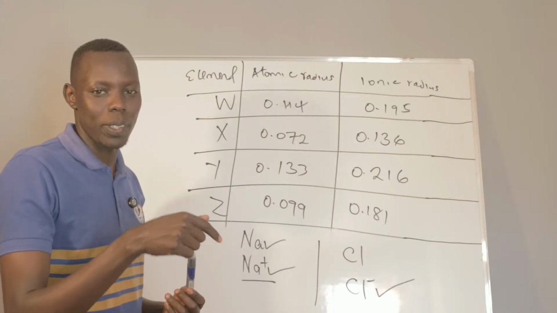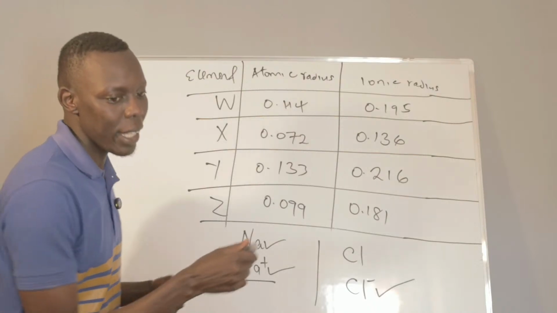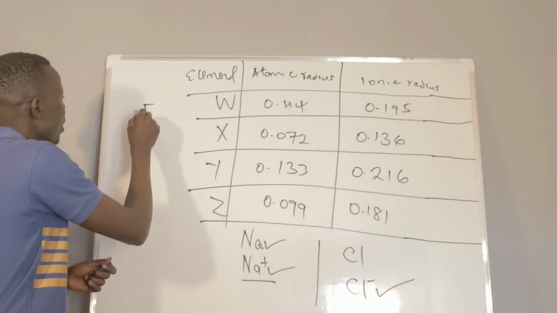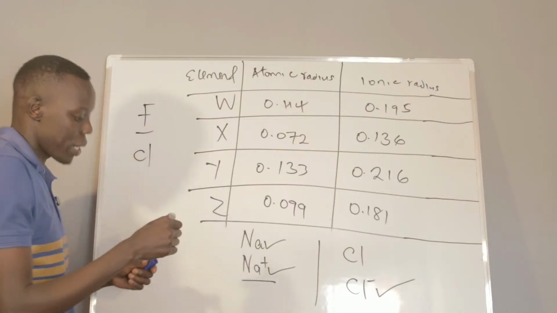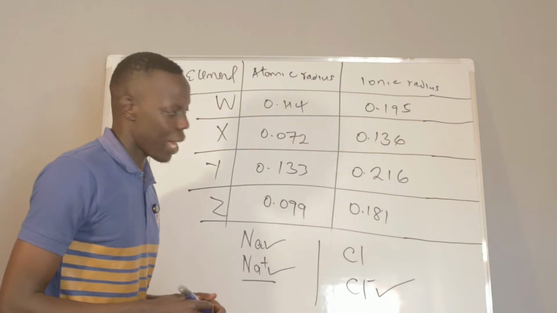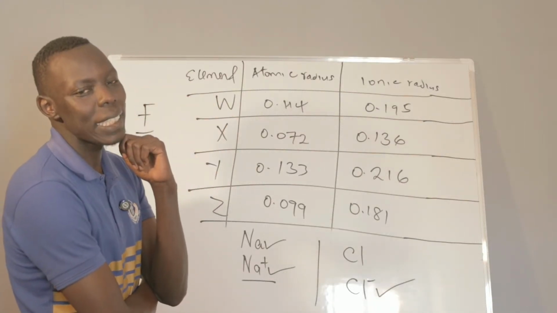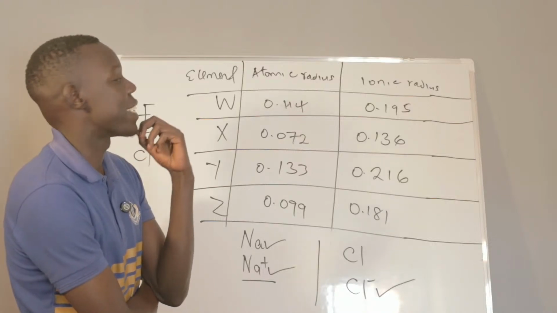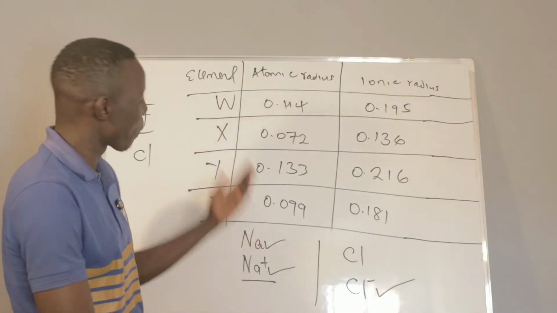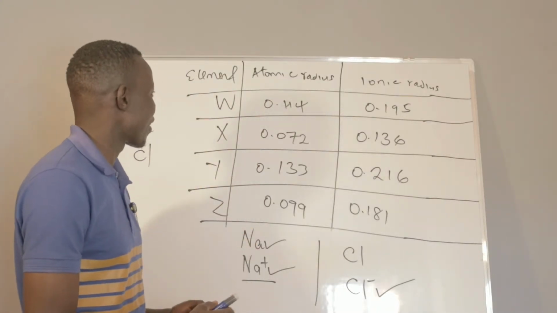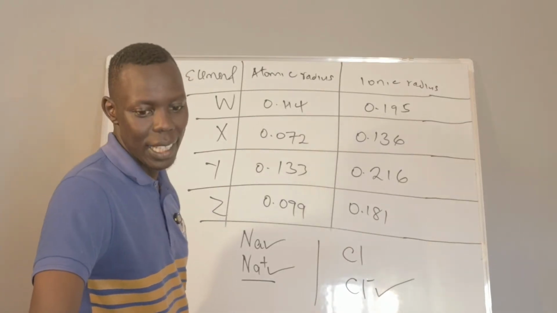As we move down the group, reactivity decreases. Meaning, the first one at the top, fluorine, is the most reactive, followed by chlorine, followed by bromine, then iodine. In this case, the most reactive non-metal is the one with the smallest atomic radius. Which one has the smallest atomic radius?